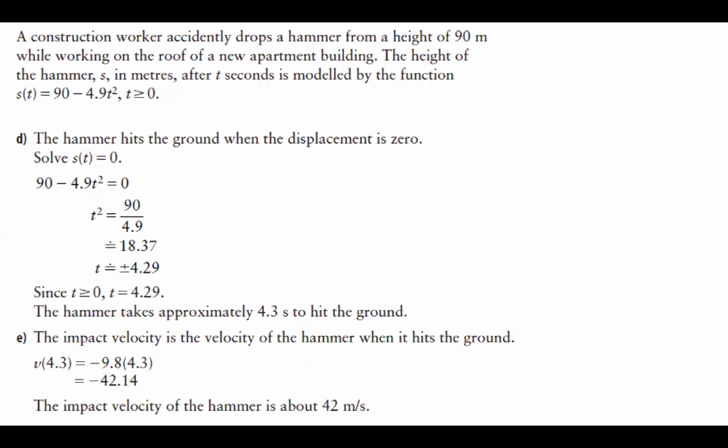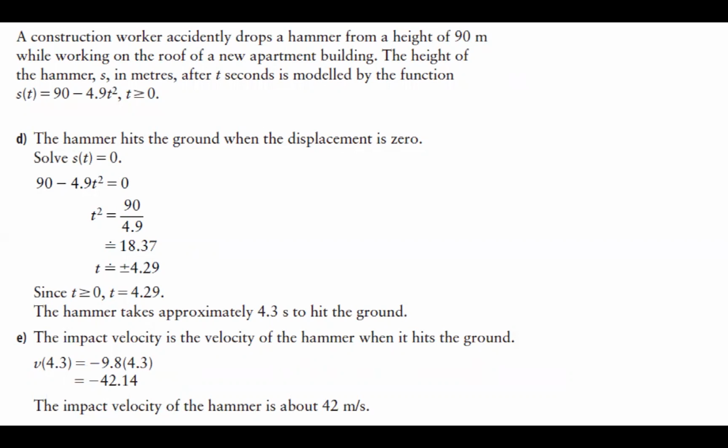The hammer hits the ground once the displacement is 0. So remember, the displacement is also a vector, right? If the displacement is 0, we know the hammer hits the ground. Therefore, we can solve s(t) equals 0 in terms of t. That means 90 minus 4.9t squared equals 0.